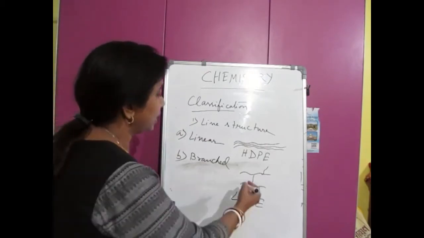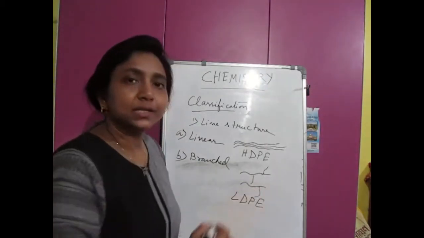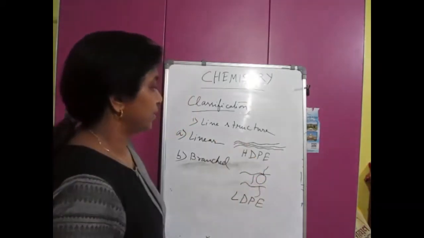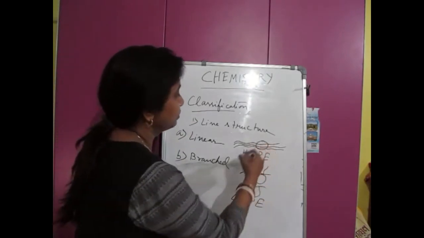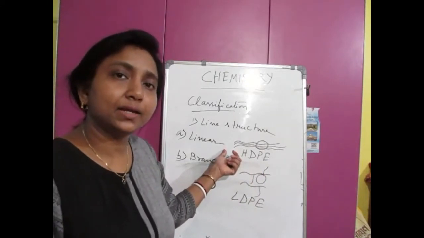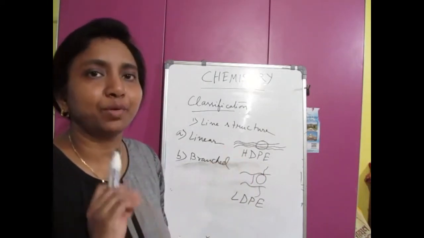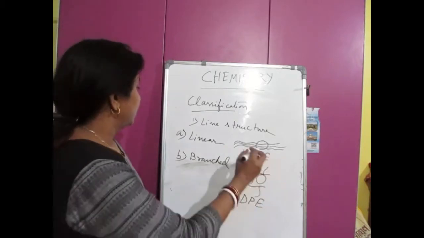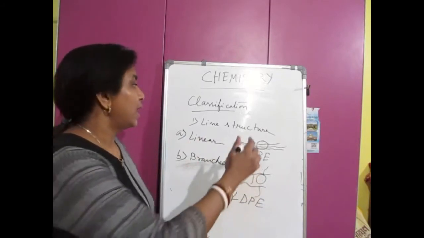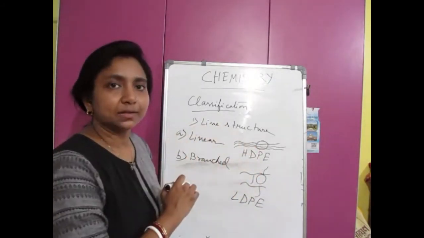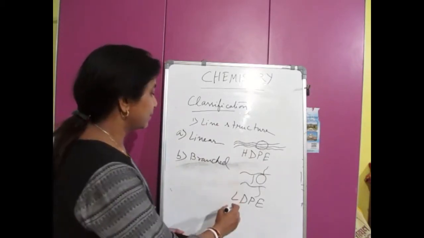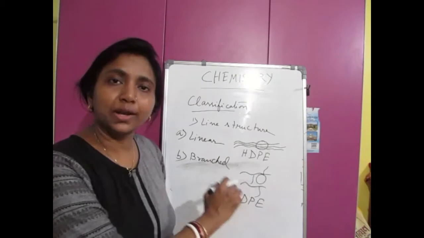So low density polyethylene, why is density low? If we consider mass per volume, for the high density polyethylene we get the higher mass for the same volume. That is why the linear polymers are arranged and the density is higher. But for the branched polymer, the density is lower. The example is low density polyethylene.